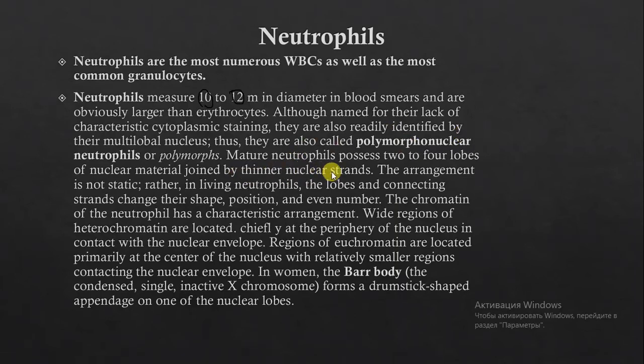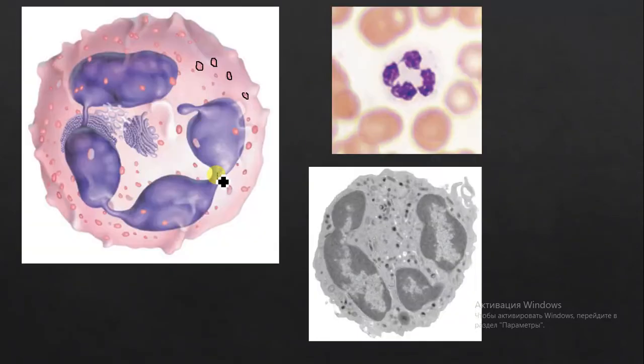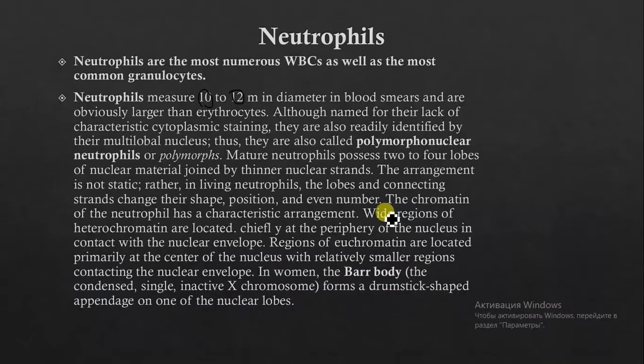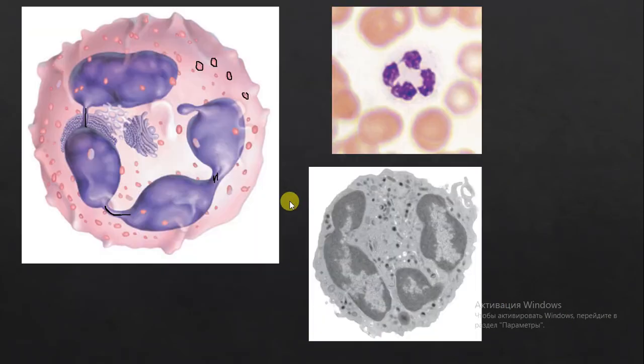So these structures are known as nuclear strands, which connect the nucleus parts together. Okay, let's talk about this later. Scientists figure out that some part of the neutrophil nucleus is a little outpouched.